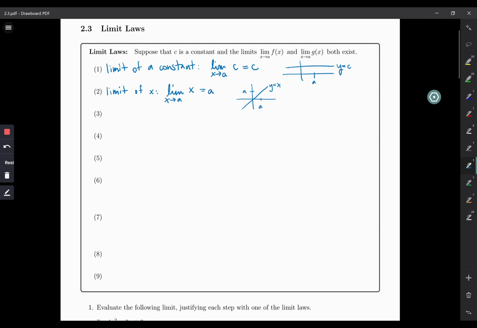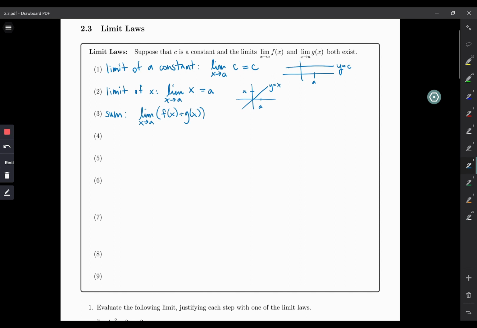Now the other ones are things that you would like to be true, and it turns out that they are actually true for limits. First off, if you have the sum of two functions, say you want to take the limit as x goes to a of f of x plus g of x, assuming the limits of each of those exist. I did write this up here, but I didn't mention it.